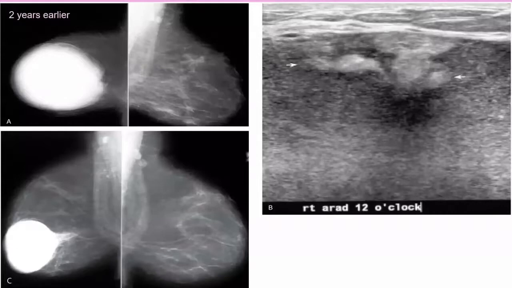The dense mass seems larger and occupies almost most of the right breast. It reduces in size. Excellent. So we are dealing with a breast mass. Does the previous image help you? Yes.